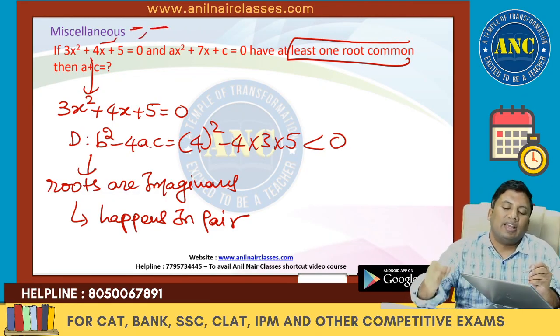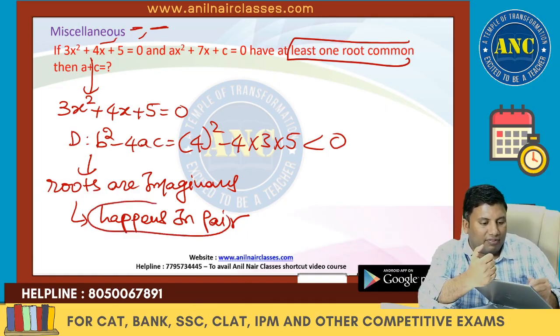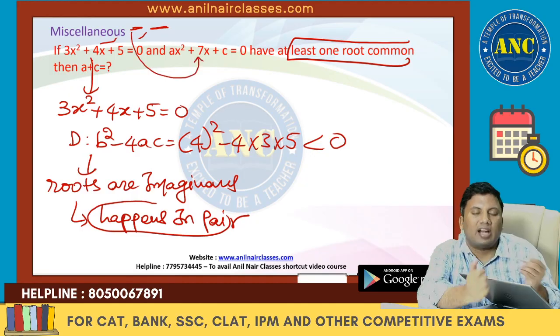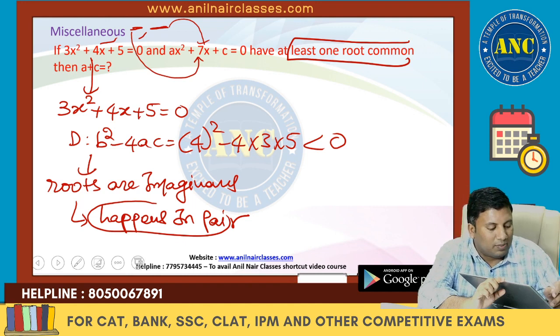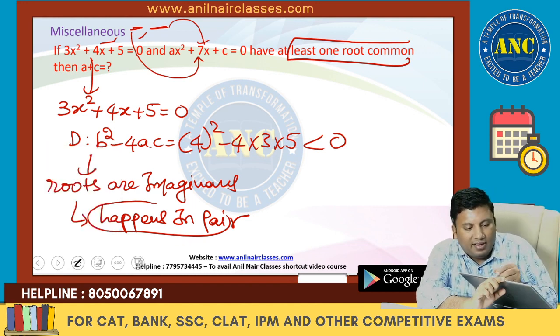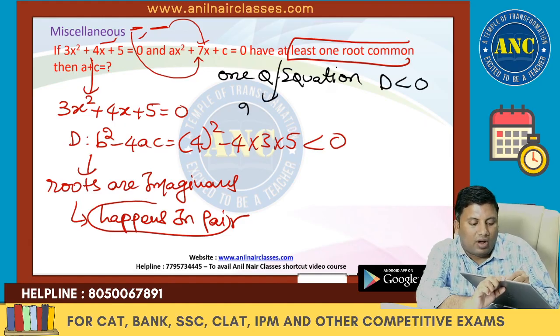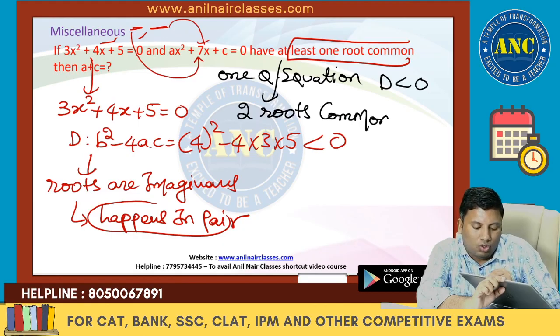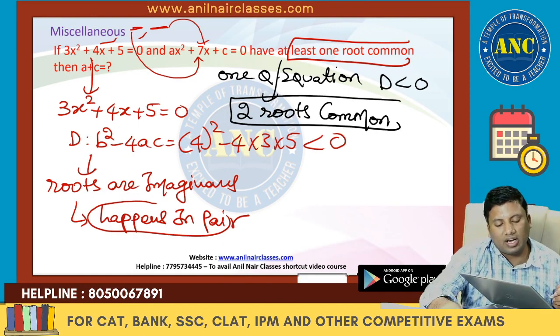If the discriminant is less than 0, then if 2 plus root 3 is satisfying the equation, its conjugate will also satisfy the equation. Please make a note, sir. If in a quadratic equation the discriminant is less than 0, at least one root common means two roots common, because in discriminant less than 0, roots come in pairs.